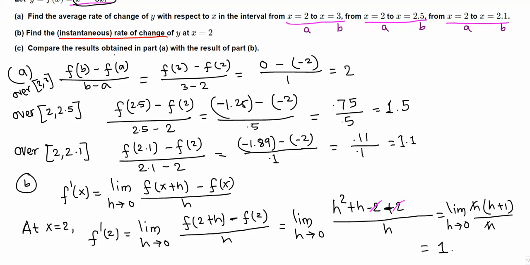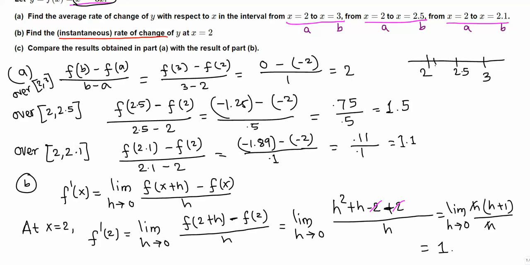Now compare the results obtained in part A with the result of part B. Look at these average rates of change from 2 to 3. Basically we had this situation, here is 2, here is 3. In this interval 2 to 3, the average rate of change was 2. In the second part, 2 to 2.5, 2.5 is here. If we come down towards 2, from 2 to 2.5, the average rate of change is 1.5. It's decreasing.